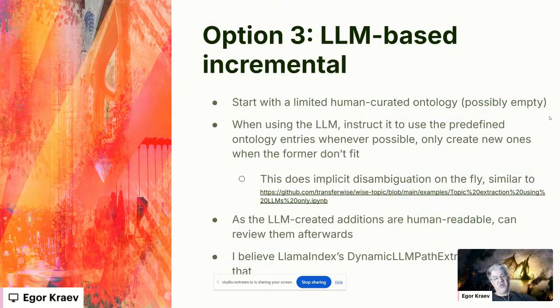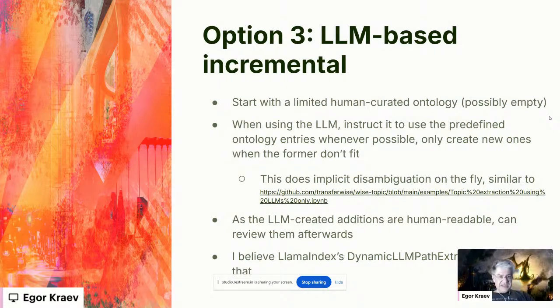So the way I would recommend to do it is something in between, something kind of incremental. So you start with a limited human curated ontology. It could even be empty, or you could just have a go at the things you think you might care about. And then when you're using the LLM to extract entities and relationships from text, you give it the ontology you have and instruct it to use that whenever possible and only create new entities and relationships when the existing ones really, really don't fit.